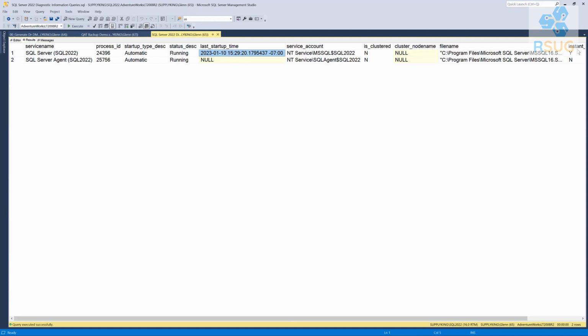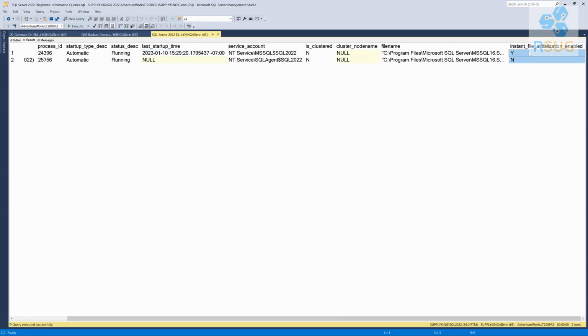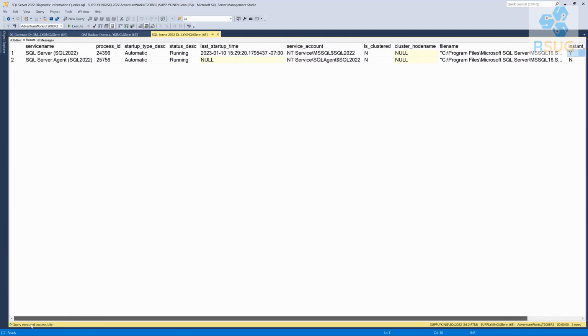And then over here at the far right, it shows you instant file initialization, whether it's enabled or not. And you want that to be enabled pretty much in every case. The only reason it's not enabled by default is there's a tiny, tiny security risk associated with it. And it's only a risk if you do a whole bunch of stupid things at the same time, which hopefully you're not doing.